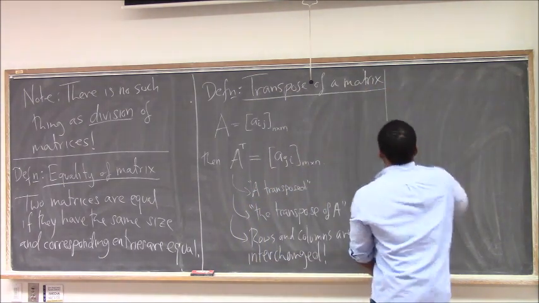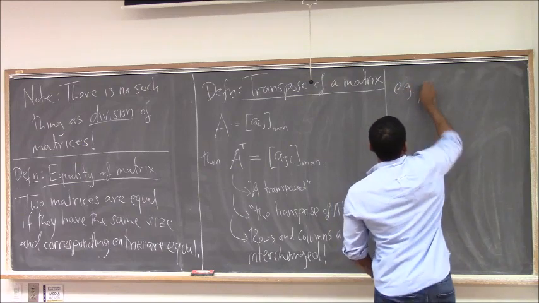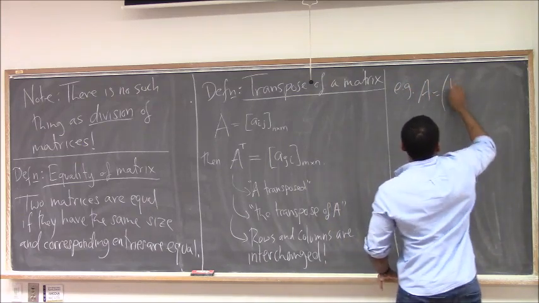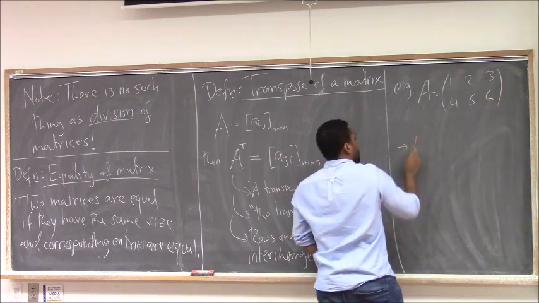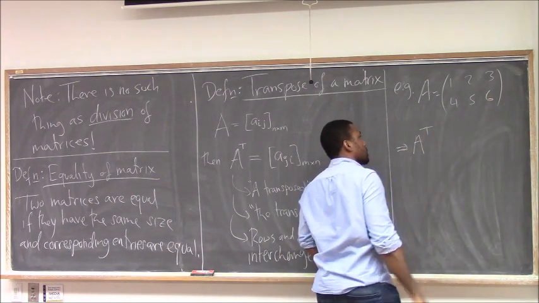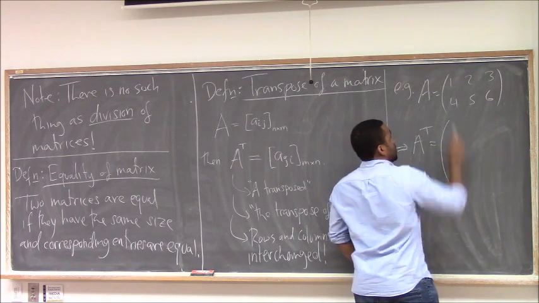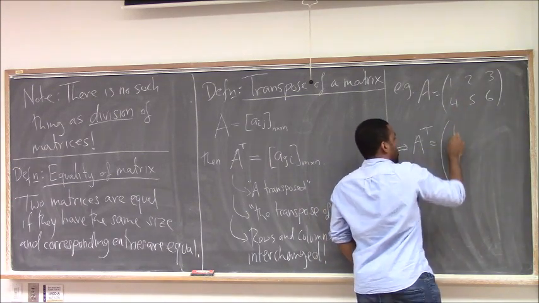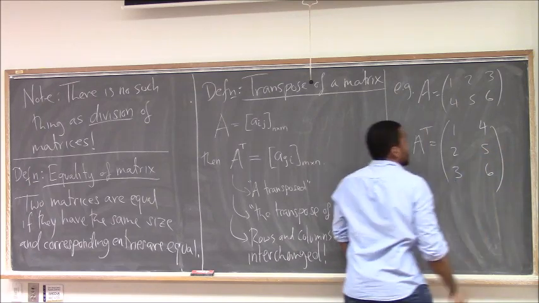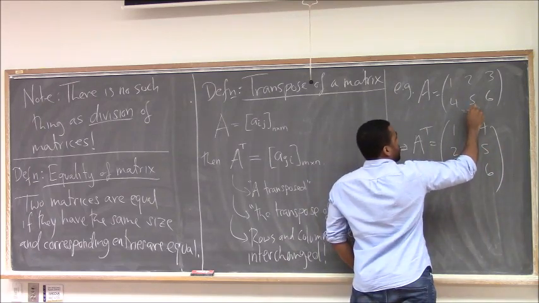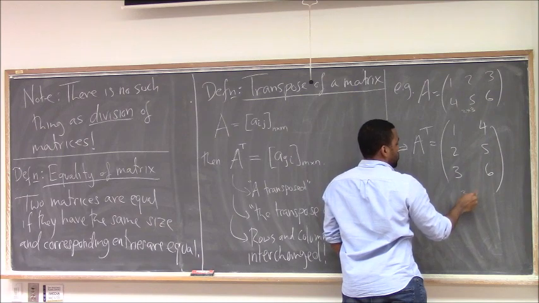So, example here, let's say my A is 1, 2, 3, 4, 5, 6. Then A transpose would be: the first row turns into the first column, 1, 2, 3, 4, 5, 6. Notice that if A is a 2 by 3 matrix, the transpose would be a 3 by 2.